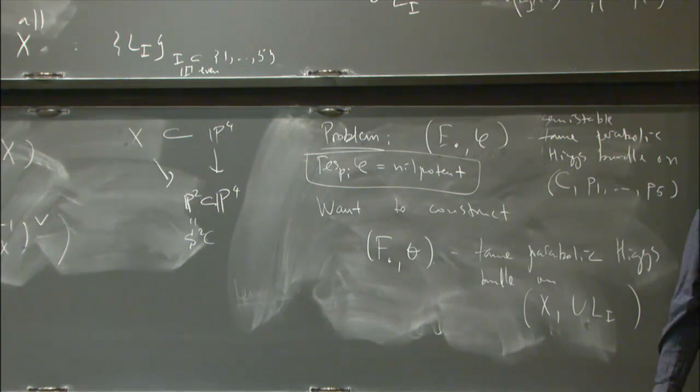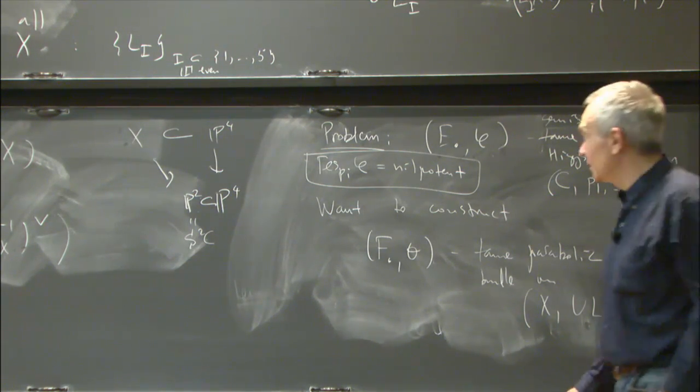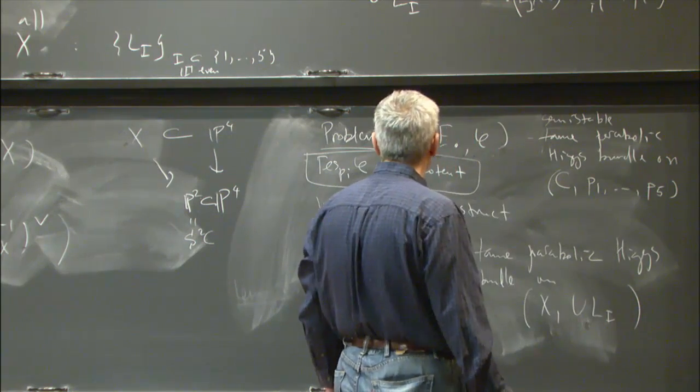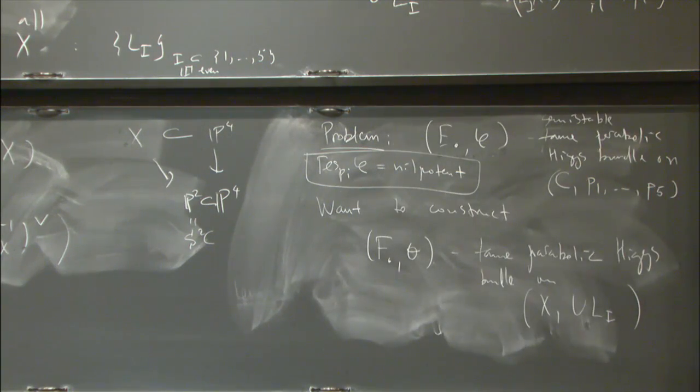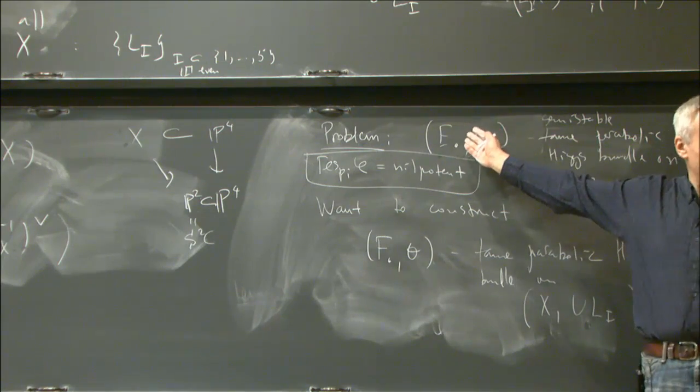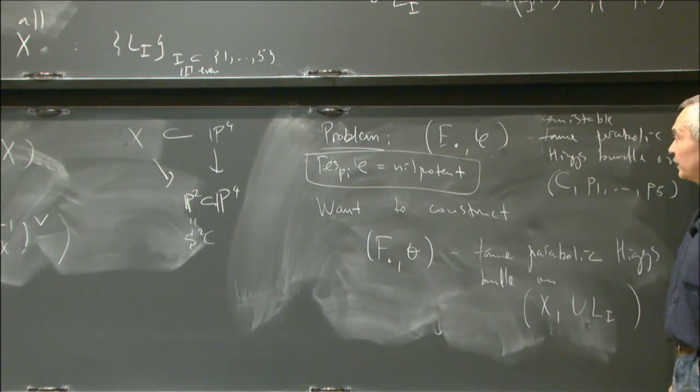When you have a nilpotent residue, once you have the residue in hand, it gives you a flag at that point. That's right. Is that flag the same as the one of your? Yeah. So let me say, the Higgs bundle is parabolic, so phi has to be compatible with the parabolic structure, which means that it has to preserve the parabolic filtrations. The residue has to preserve the parabolic filtration at each point. Okay, so that tells you that the flag has to be the flag that we were given.